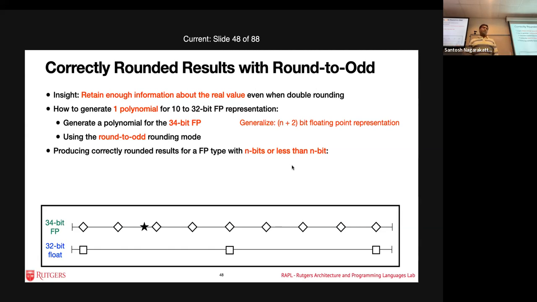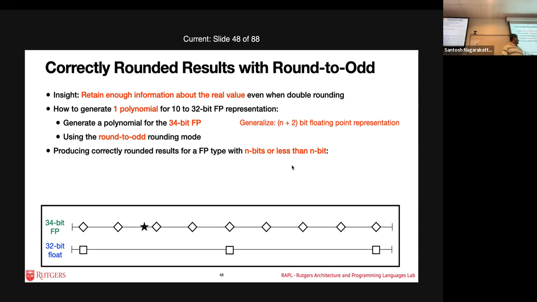Now, irrespective of whether the bit pattern in 32-bit floating point is even or odd, this value in 34-bit will always be even. Why? Because you're just adding zeros at the end when you add the additional precision bits. You add 2 bits of precision, so this value will be even. If this is even, this has to be odd.